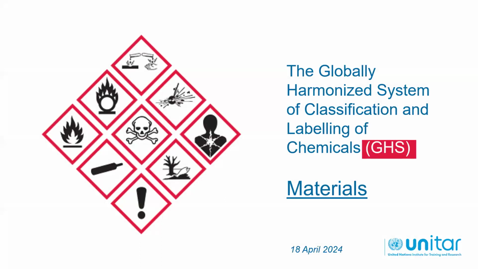So good day, everybody. I would like to briefly show you some of the materials that we have recently been developing with the Swedish Chemicals Agency, as Lisa also mentioned, as well as some other relevant materials that some of the persons who will present after me will certainly also refer to. So the idea is that you will know what materials there are and where you can find them, so you will be able to go through them in your own time and look at the materials that are most relevant for you.